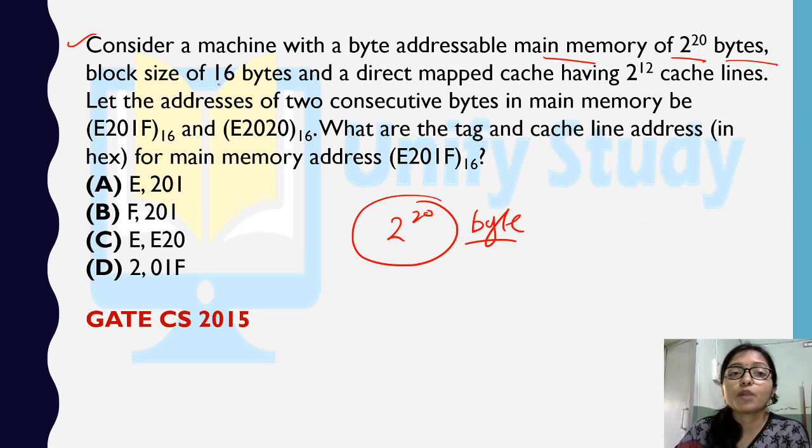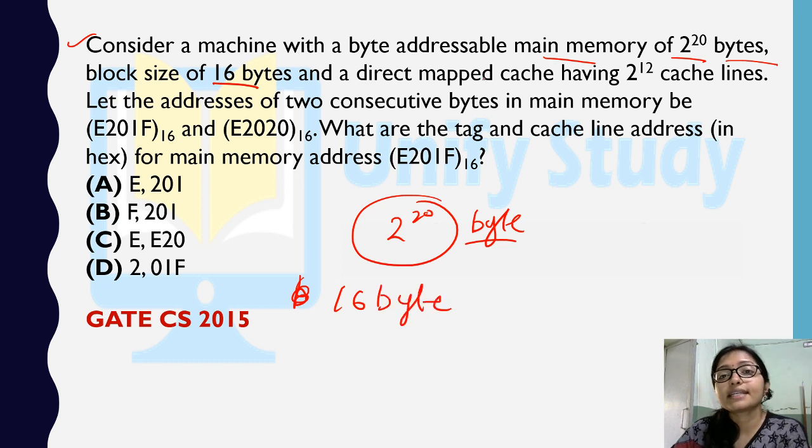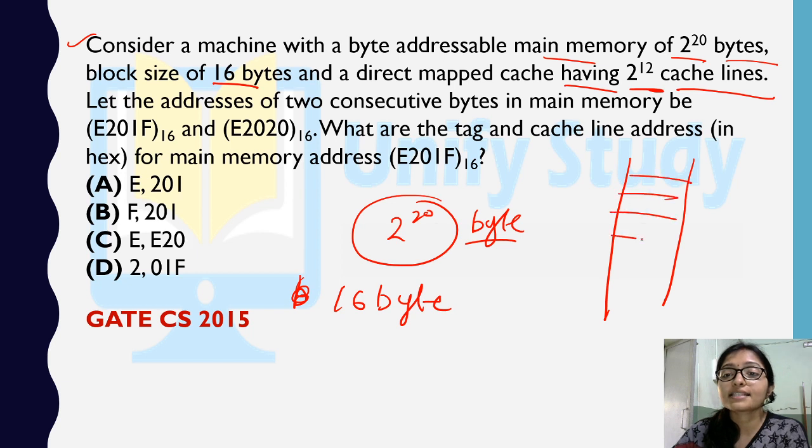The block size is 16 byte, and a direct mapped cache has 2 to the power 12 cache lines, meaning in your cache there are 2 to the power 12 lines.